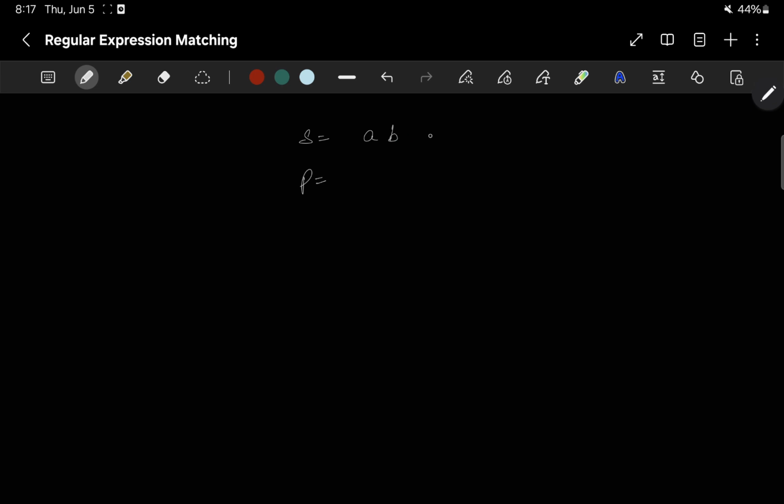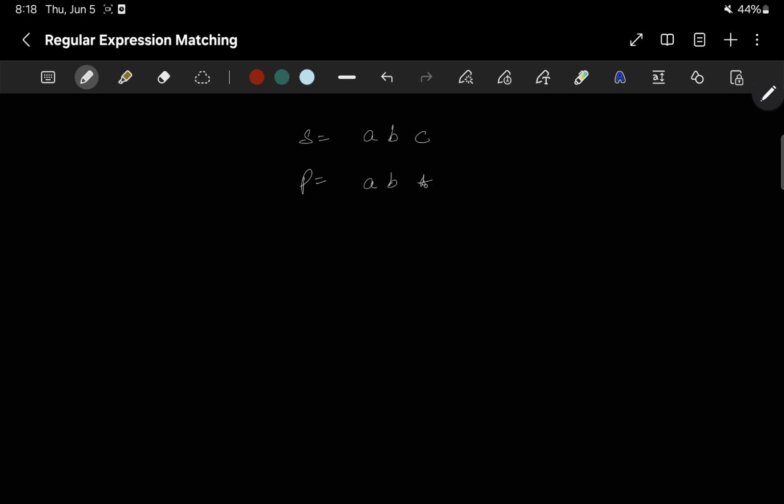If your S is ABC and your P is AB dot, this is quite simple, right? A and A are equal, B and B are equal, you can just compare them. Even if it's dot, you can just say yes, I know it will fill something, so you don't need to worry. The problem comes when it becomes star.